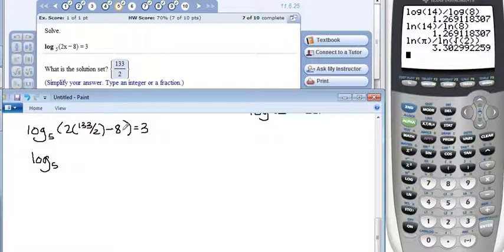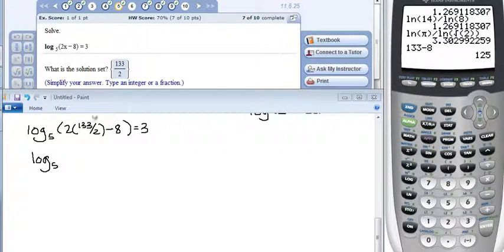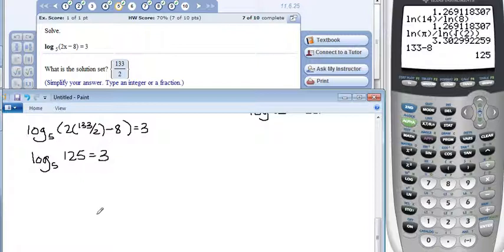And 133 minus 8 should be 125. So we have log base 5 of 125. That's what we're saying, because 2 times this is 133, minus 8 is this. So this is basically what we're saying is true.